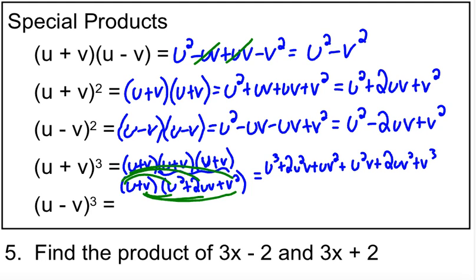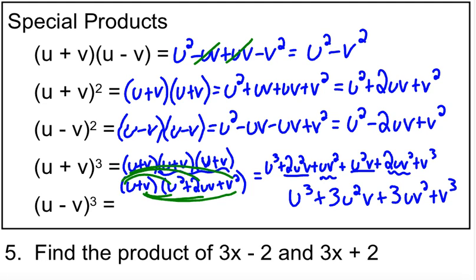And let's see, can we find like terms? Here's like terms, and here's like terms. So we end up with u cubed plus 3u squared v plus 3uv squared plus v cubed.